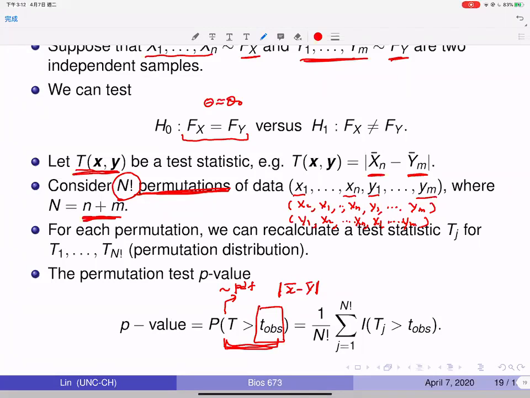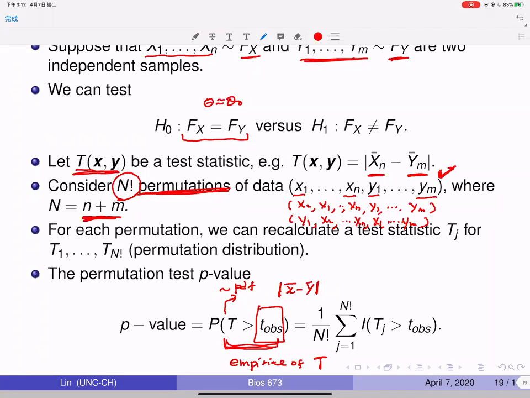But right now, what is a non-parametric test? I don't know the distribution of T, but I can use permutation to obtain an empirical distribution of T. If I can do so, that means I don't have to assume what the underlying distribution of X1 to Xn or Y1 to Ym is.